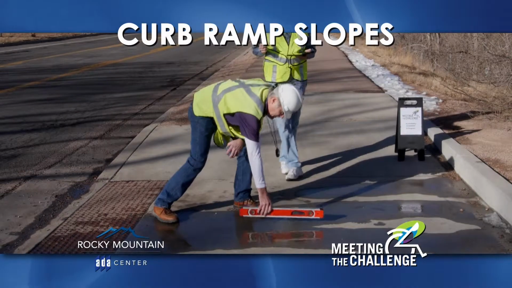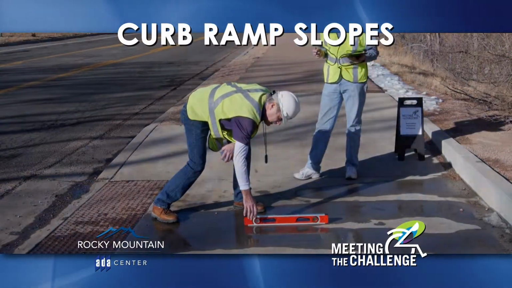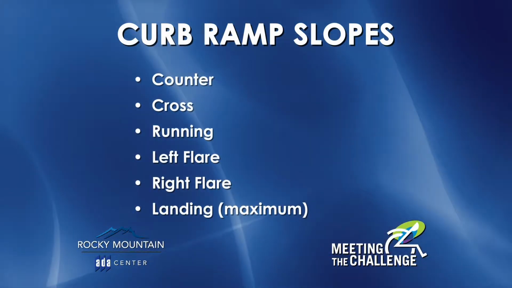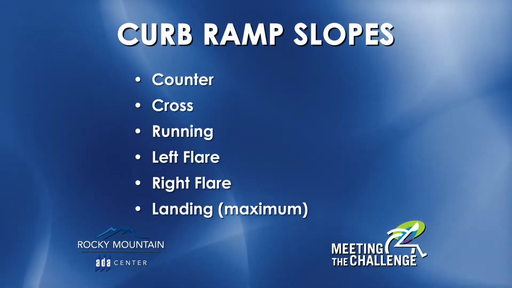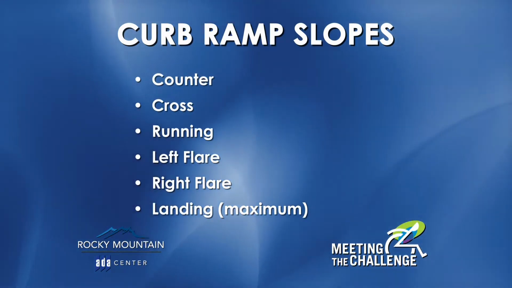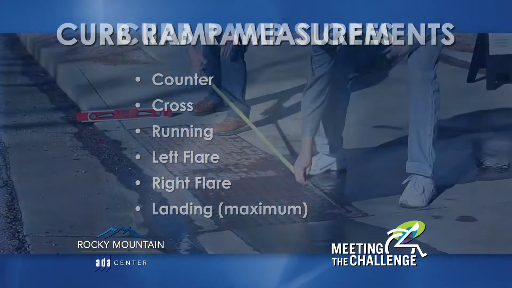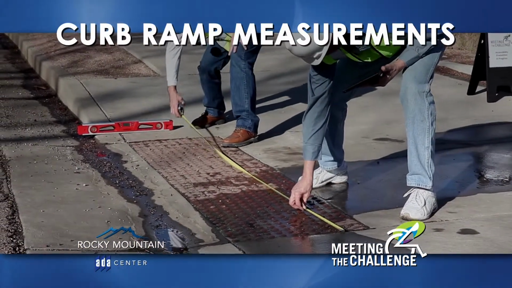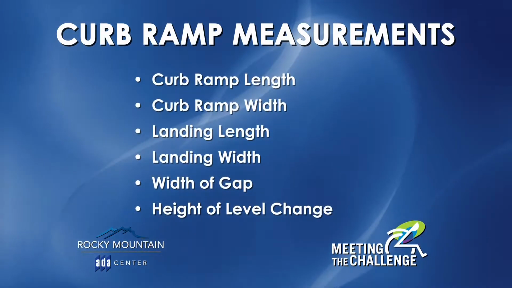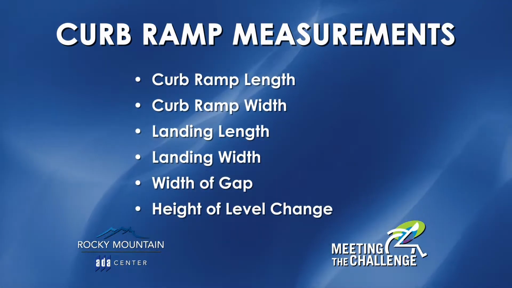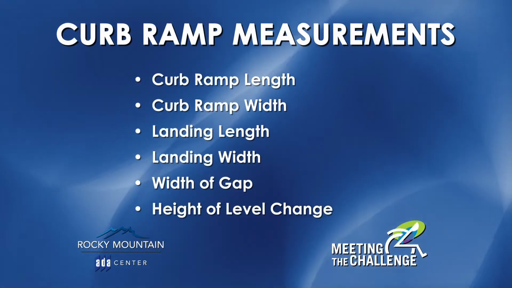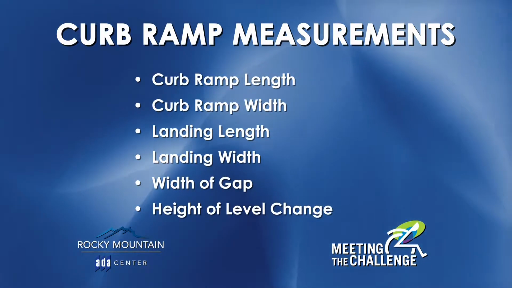Measurements include the slopes of curb ramp surfaces: counter, cross, running, left flare, right flare, landing. Dimensional measurements are made for curb ramp length, curb ramp width, landing length, landing width, width of gap, height of level change.